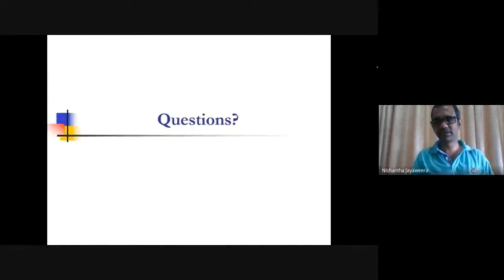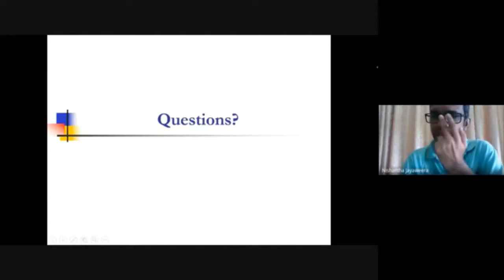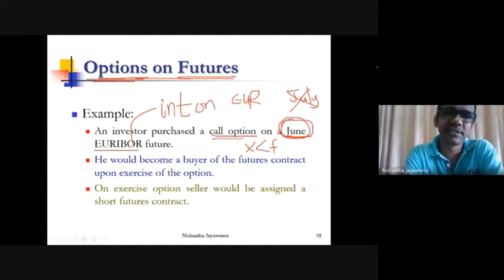Okay, anything else? So in a Euribor, that means that is protection against volatility in the market? No, Euribor, it's the interest rate. So it's the interest rate option. If the interest rate increases, futures contract will go down. If interest rates decrease, futures price goes up.